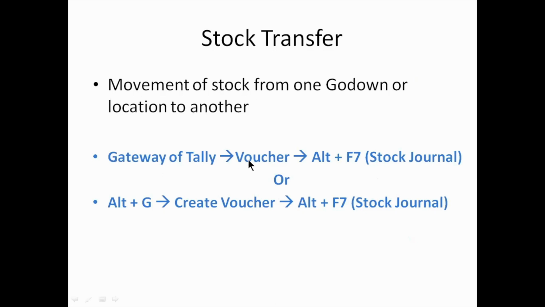Open the voucher from Gateway of Tally, and at voucher creation, press Alt F7 on your keyboard for entering a stock journal. Another option is to press Alt G or click on the Go To button, create voucher, and press Alt F7 at voucher creation to get the stock journal. So let's start.